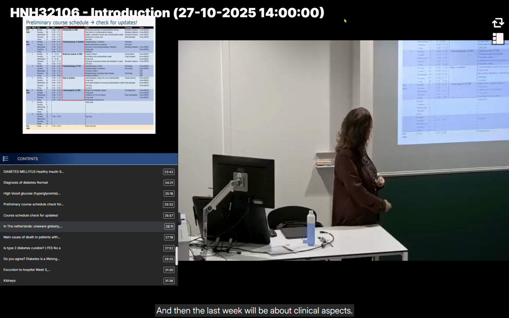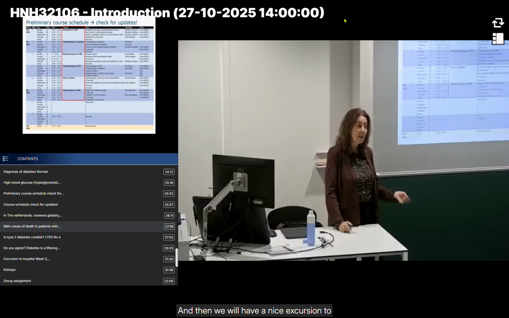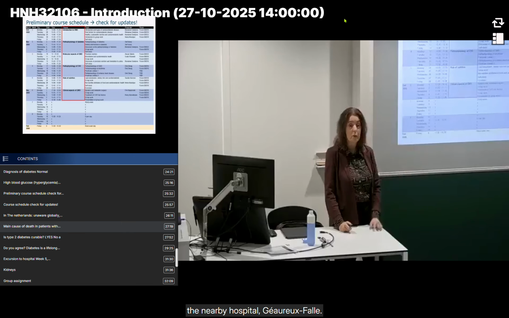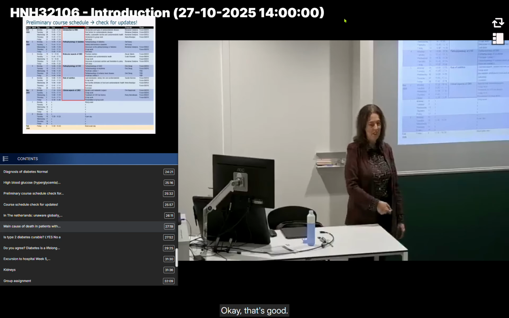And then the last week will be about clinical aspects. And then we will have a nice excursion to the nearby hospital Gelderse Vallei, with some patient demonstrations. The presentation is on Sinterklaas, but the excursion is on the 20th.